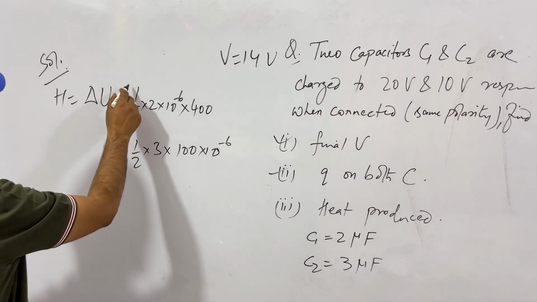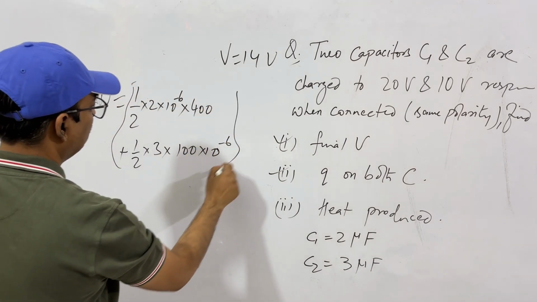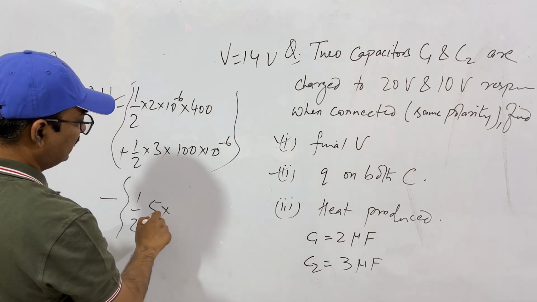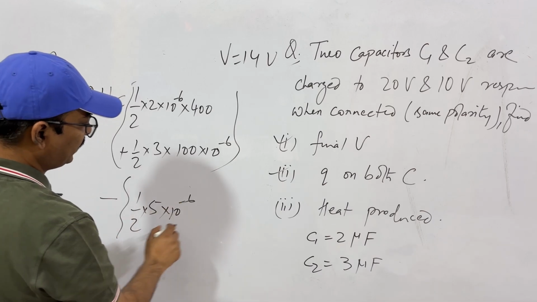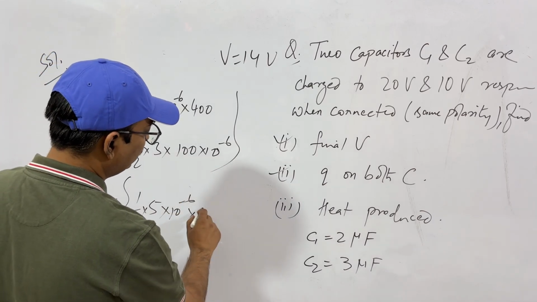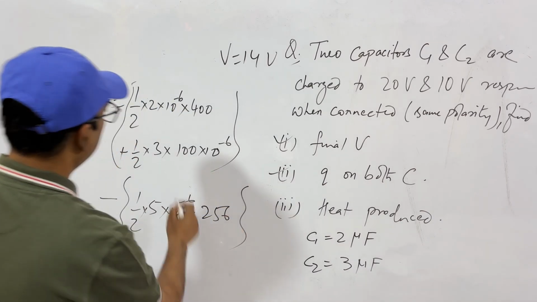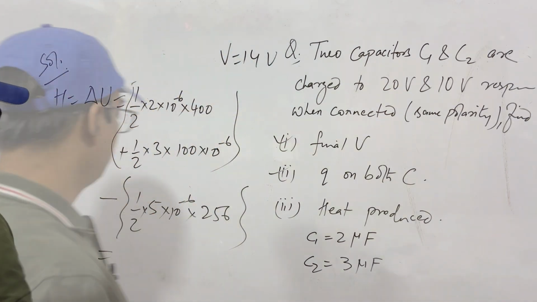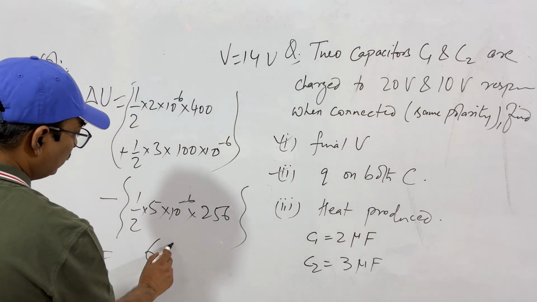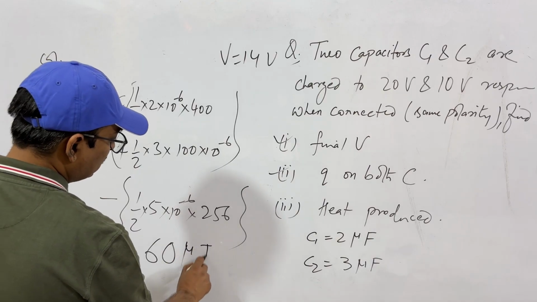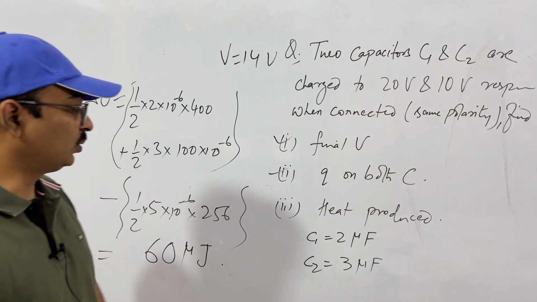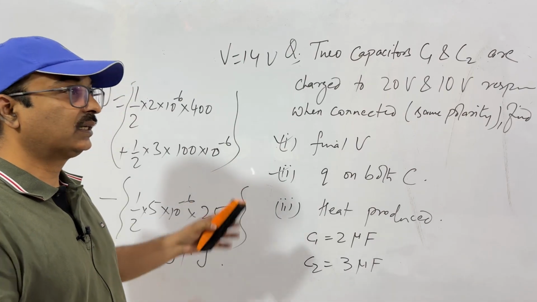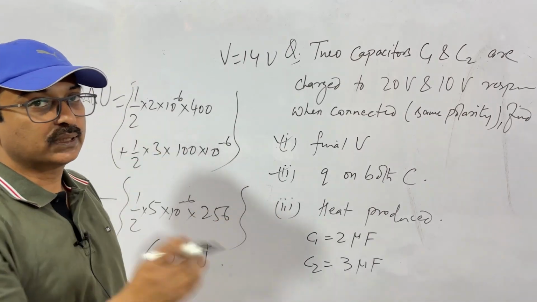Okay, this is initial, minus final. Final is half into (C1 plus C2), that is 5 into 10 to the power minus 6, into 14 into 14, 196. So you add these two and then subtract, and what you get comes to 60 microjoules. It is energy, so joules. So this is the heat generated while transferring charge from the first capacitor to the second capacitor.